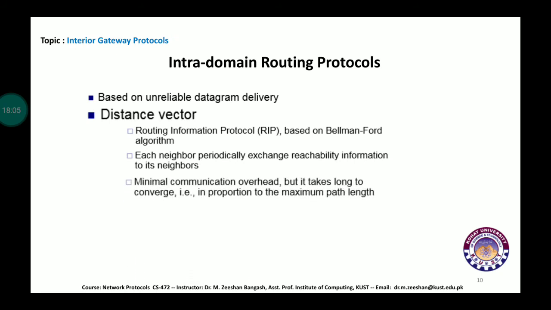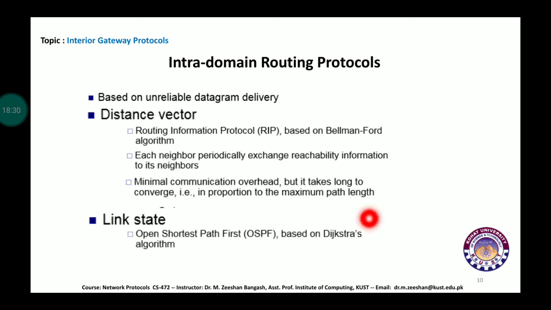It is a less complex type of algorithm because very low overhead is involved in communication. However, it has a drawback: it takes long to converge, because convergence time is proportional to the maximum path length.